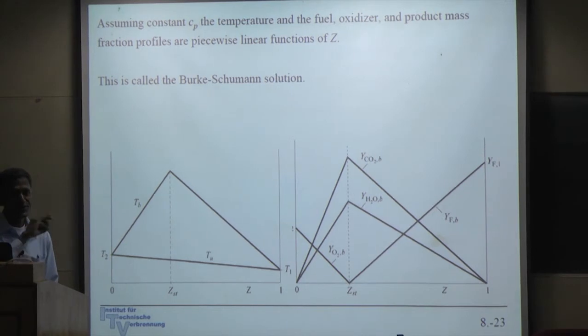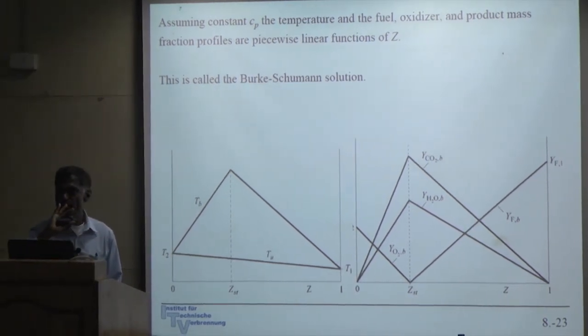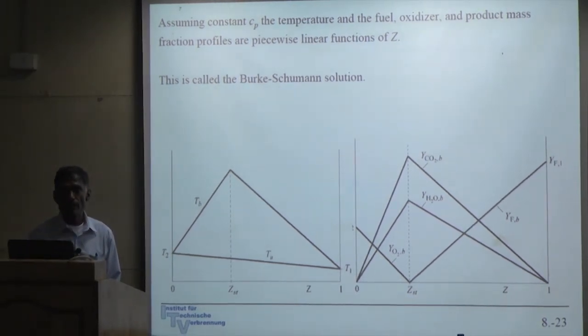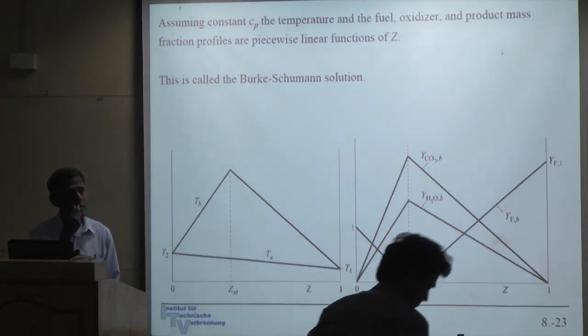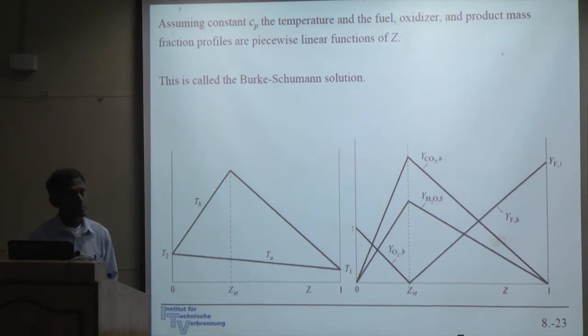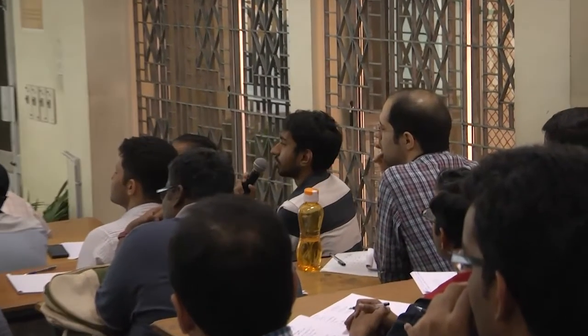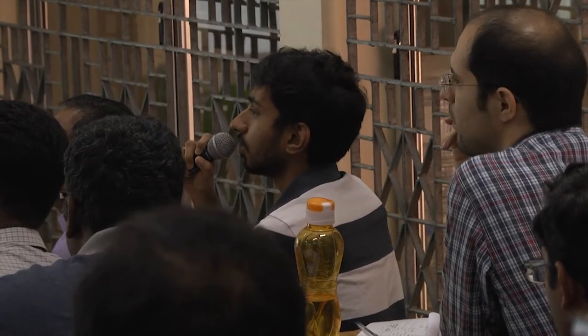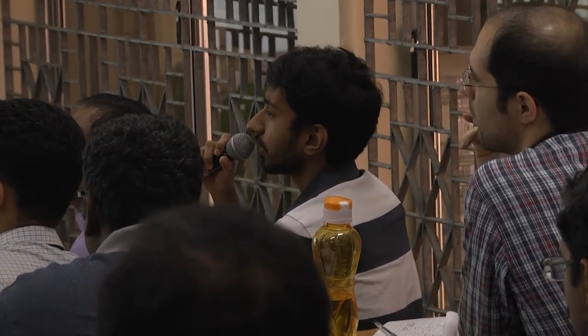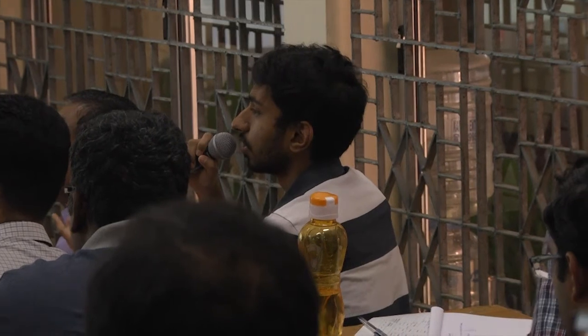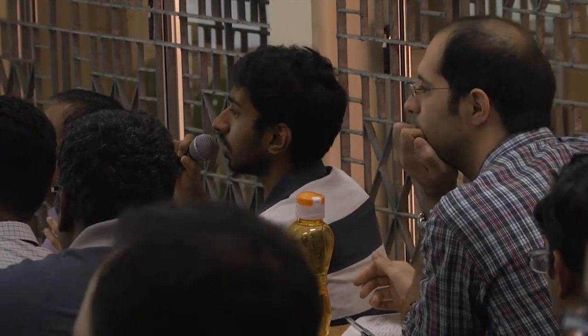Do you have any questions on this so far? Yeah. For the Burke-Schumann solution, the second derivative is taken to be 0, and we get the same solution even for infinitely fast chemistry.